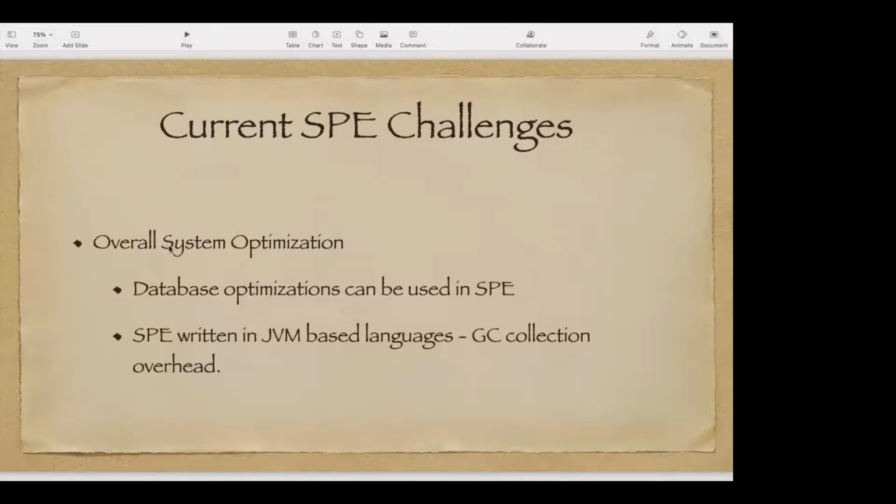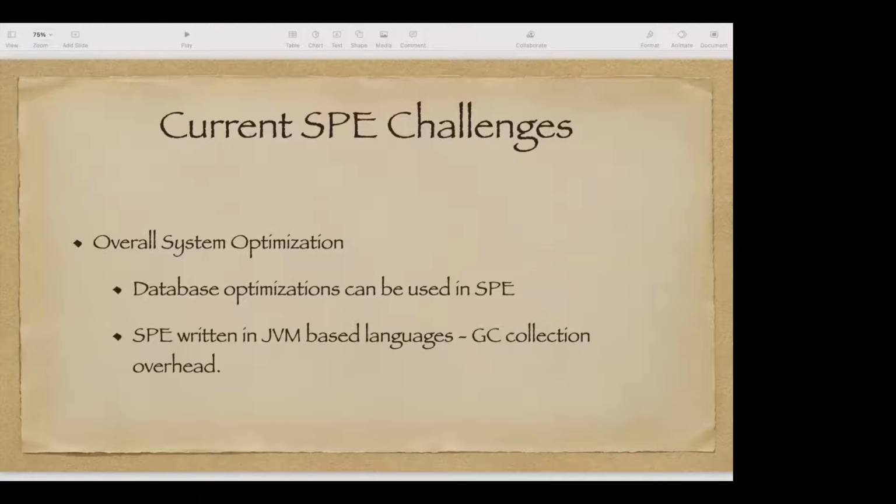The next challenge is overall system optimization. A lot of system optimizations which have been done through the years in databases, so that they can utilize hardware resources more efficiently, have not been ported to stream processing engines.